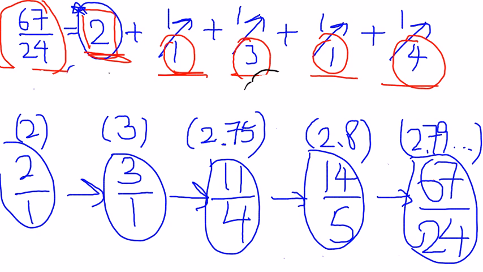Please note that numerically speaking, we arrive at a sequence that approaches the original fraction we talked about, which is the fraction 67 over 24. Another amazing thing to notice is that such an approaching sequence, you can call it an approximation of the original fraction, approximates it in a way that we start with a number less than it, and then the next number is bigger than the fraction.